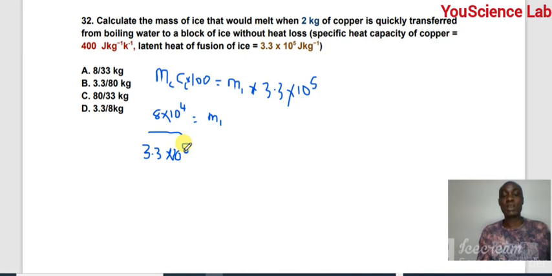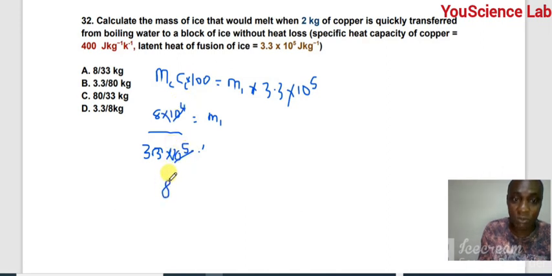Now, if you look at this, let me move this. If I move this forward like this and subtract 1 from this, I'll be left with 10 raised to power 4. So you see that this is going to cancel out this. I will now be left with 8 over 33. So my correct answer is option 8.